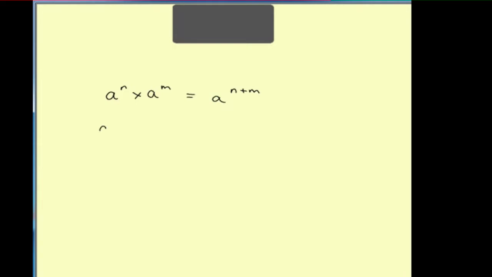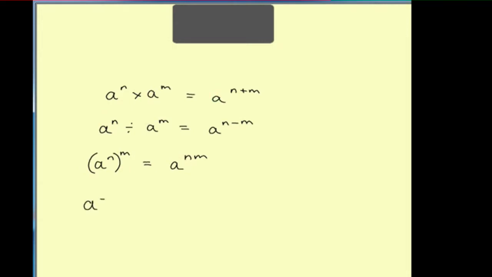The second one, a to the power n divided by a to the power m is equal to a to the power n minus m. And the third one, a to the power n, brackets to the power m, is equal to a to the power nm. So we simply multiply the 2 powers there.